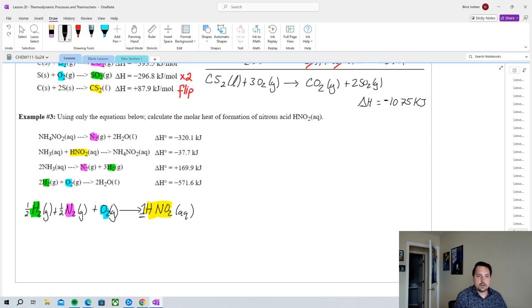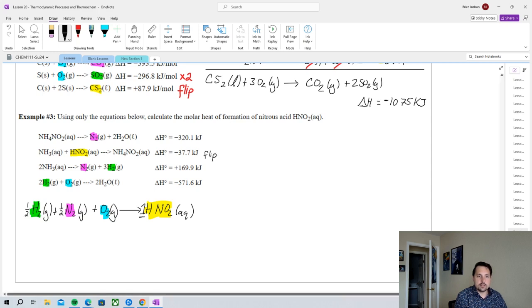All right, so what I'm going to need to do here is flip this reaction. And then for the oxygen, we're going to need to keep this one the same. And then we'll need to figure out what we need to do with these two after we write these. So ammonium nitrite.